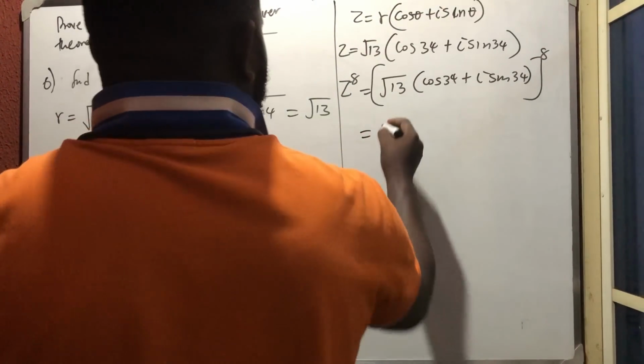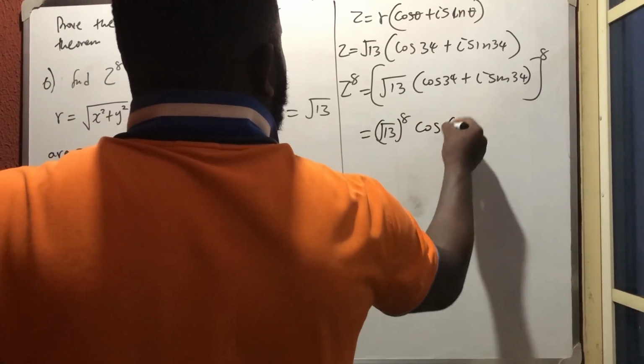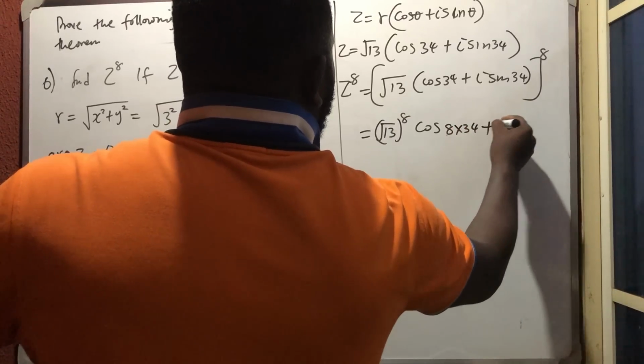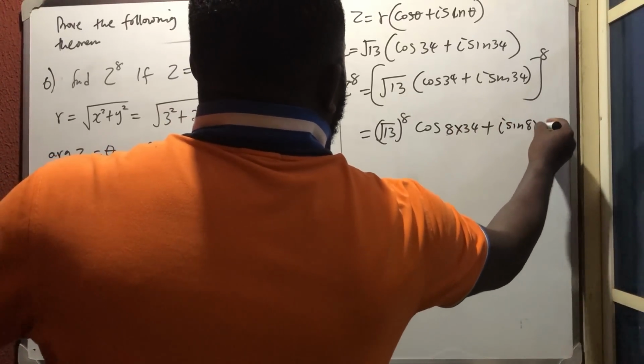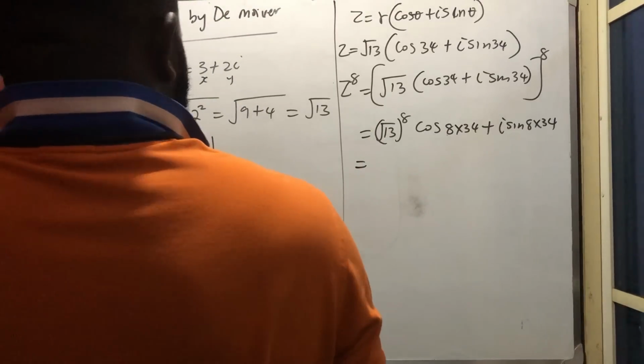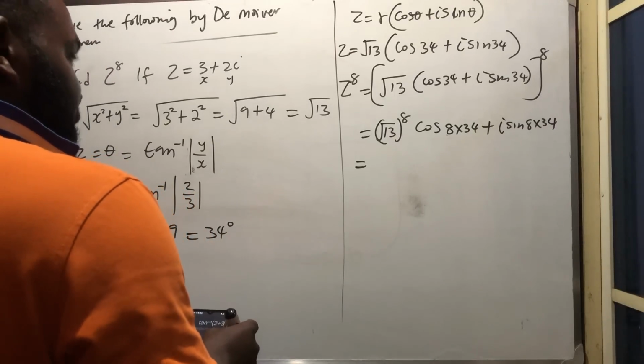So which is root 13 raised to power 8, then cos 8 times 34 plus i sine 8 times 34. So this is 13 raised to power 4, because the 2 will divide the 8 to give you 4.